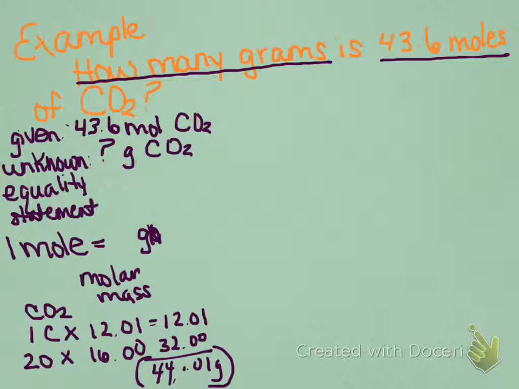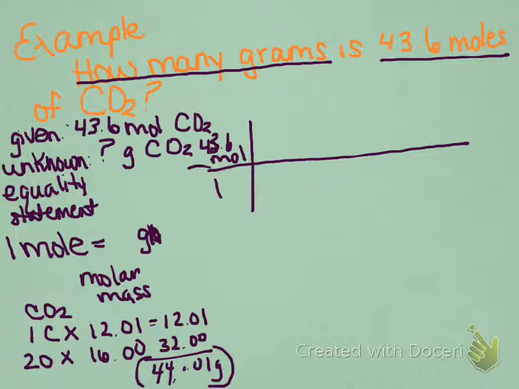So now I can set up my truth table. Truth tables are just like they were with regular conversions. We write down what is given first, 43.6 moles over 1. And then remember, just like in the past, our whole truth table is guided by taking these units, bringing them down here.